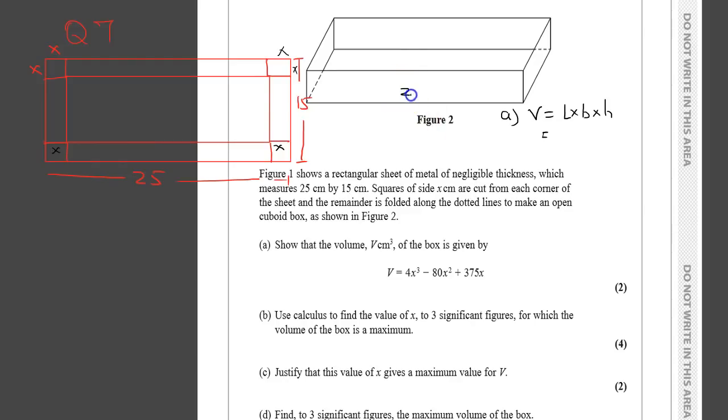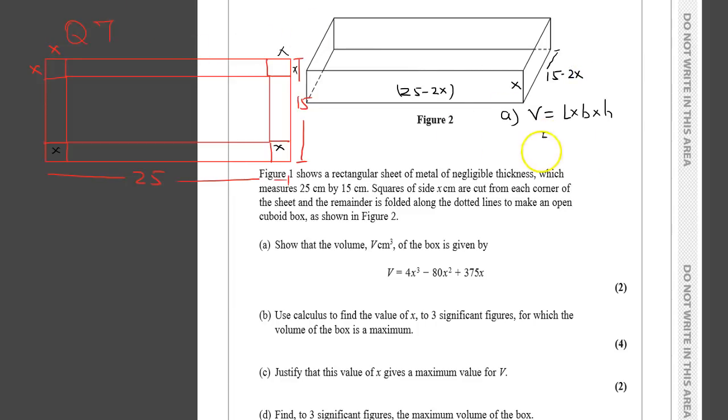So it becomes 25 minus 2x. When it's folded, this becomes height. So this height is x. This was 15 and x is reduced here and x is reduced here. So this one is 15 minus 2x.